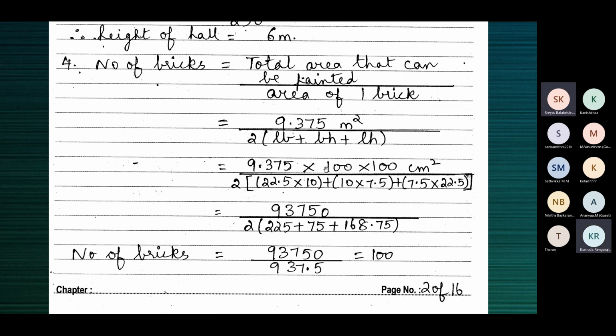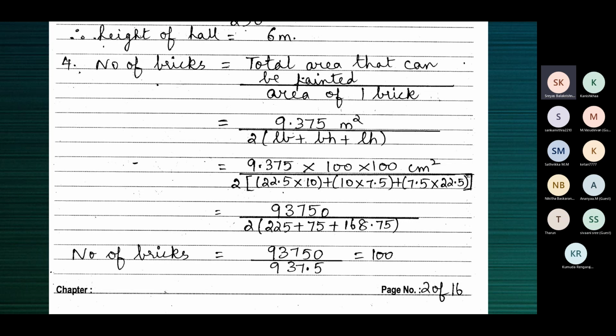If we multiply it by 100, we get 937.5, no, ma'am. Then we can cancel both the 937.5 and directly get the 100 bricks. So the last two steps wouldn't be needed, no.